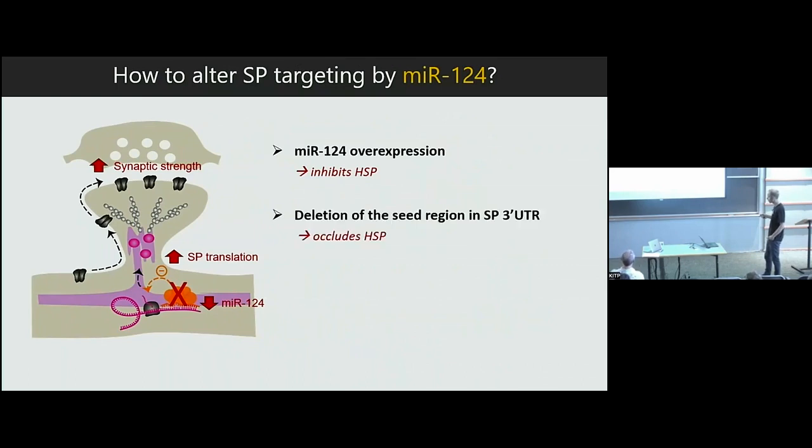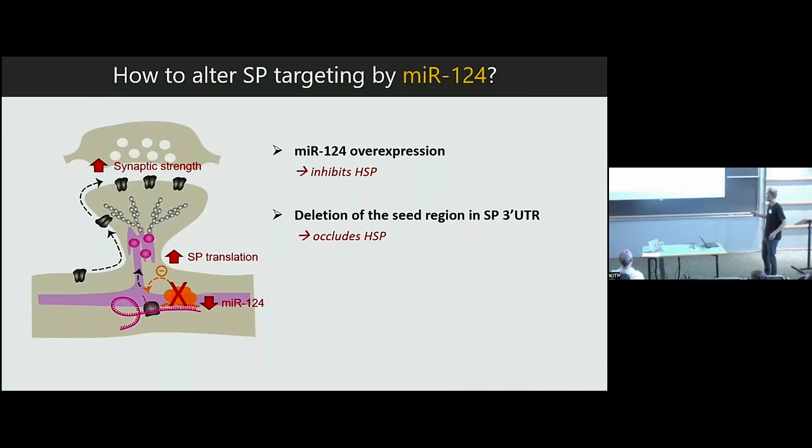Another was to delete the seed region in the synaptopodin 3' UTR in a recombinant construct that we overexpress in neurons. We found that this occluded the plasticity. Those constructs escaped the regulation by miR-124, so in basal conditions they are already highly expressed.